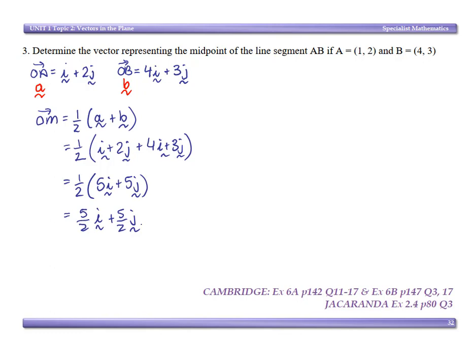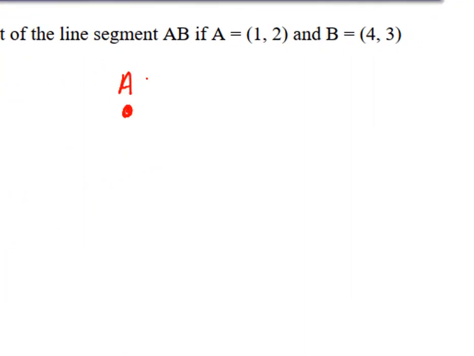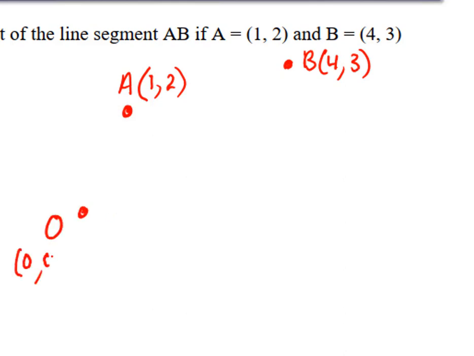Now if you didn't want to use the formula, you could draw a diagram. So if A is the point 1, 2, B is the point 4, 3, just draw where they are relative to each other. Point O, which is 0, 0, would be down here somewhere.